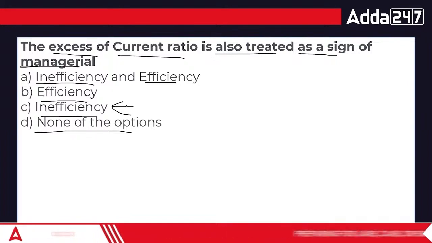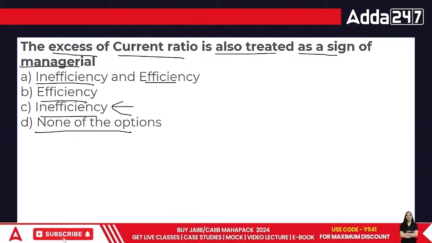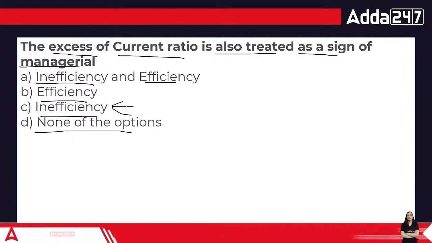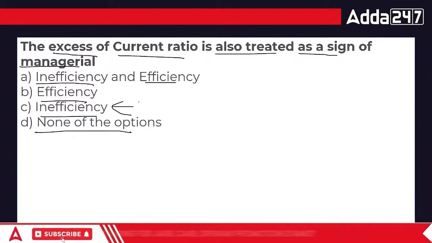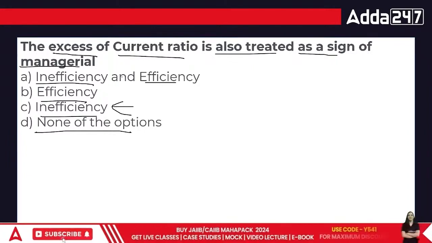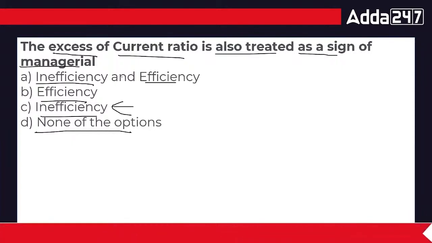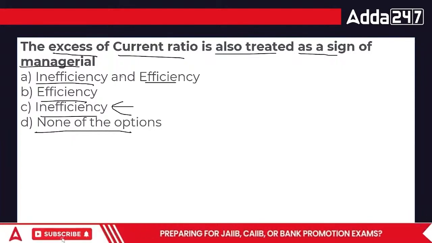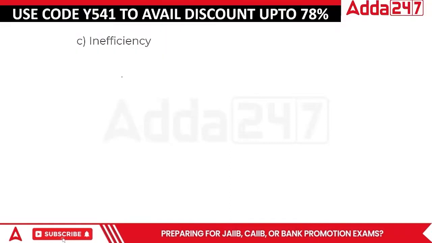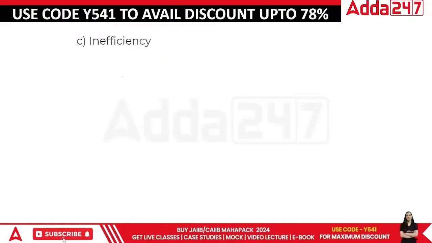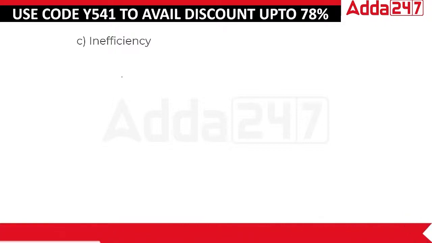You could have used specific money for the business, but they are using it in the inefficient areas. This money is not used in the business at all. This is basically something which is just idle. It is there in the cash form and you are not making any money out of it, which is definitely not useful. So the answer is inefficiency, everyone. Done.